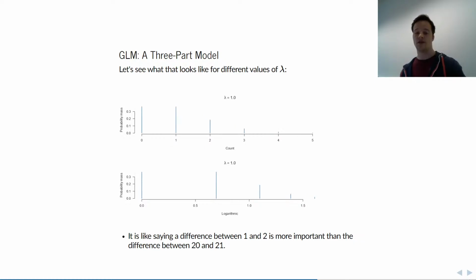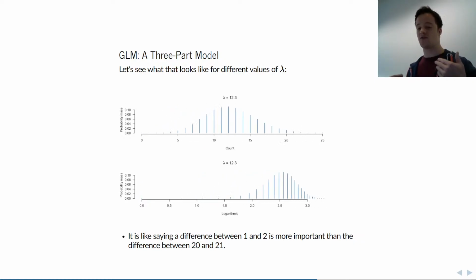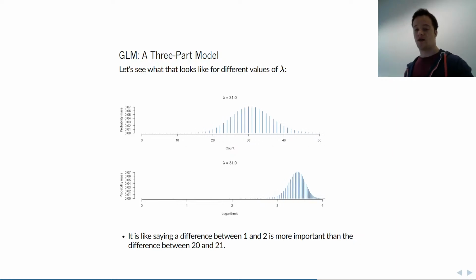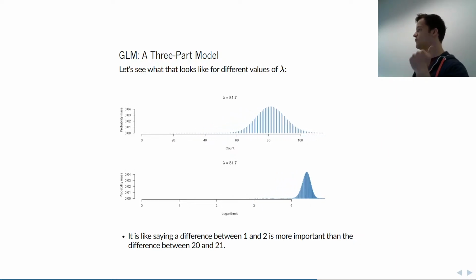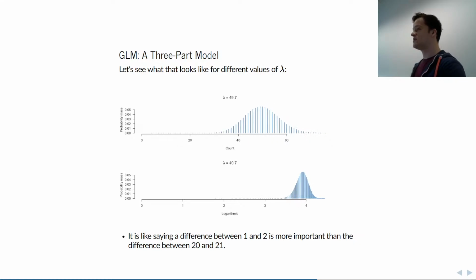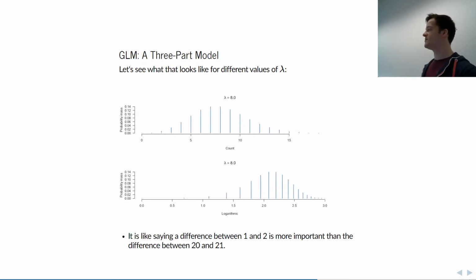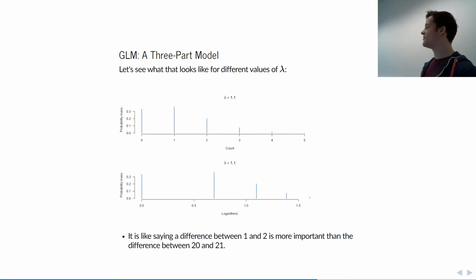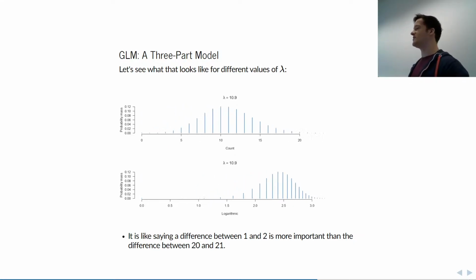Okay, so another reason we're using the logarithmic transformation is because it has an interpretation in terms of multiplicity. When you don't apply any transformation, then the difference between counting something once or twice is the same magnitude as the difference between counting something 20 times and 21 times, or 100 times and 101 times. But when you think intuitively about counts, that doesn't make sense, right?